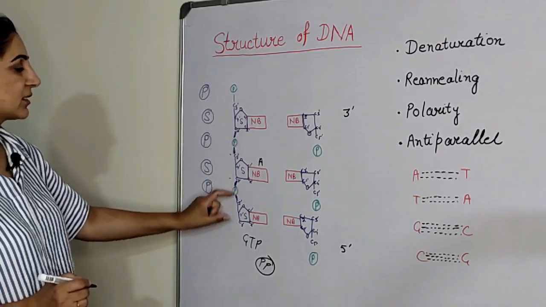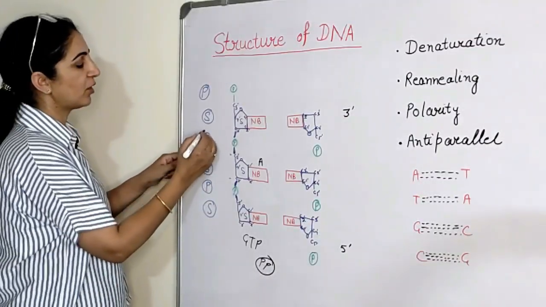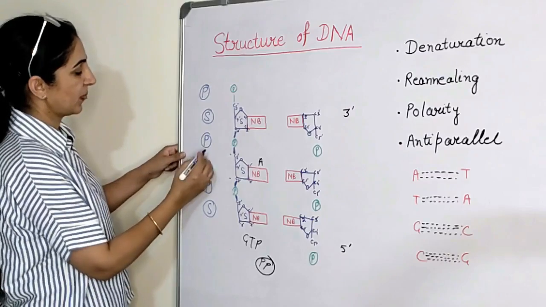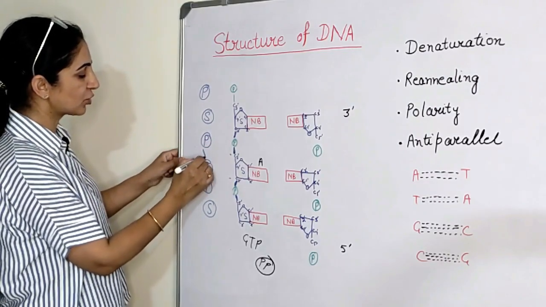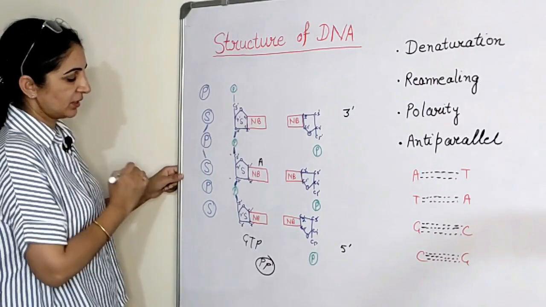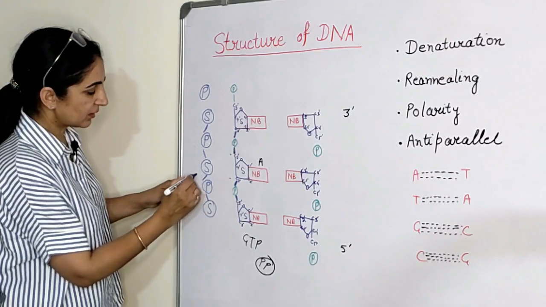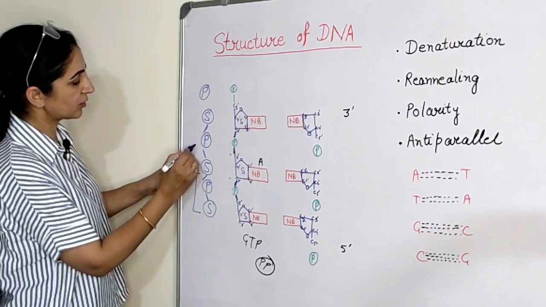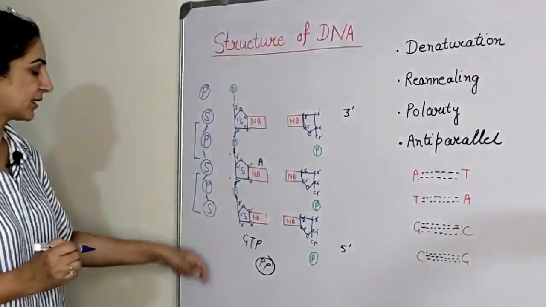And how are these units linked to each other? They are linked to each other with the help of diester bondages. This phosphorus group is attached to both the sugars with the help of diester linkages. Similarly, this one also has diester linkages, here also we got diester linkages, and similarly it keeps on going.